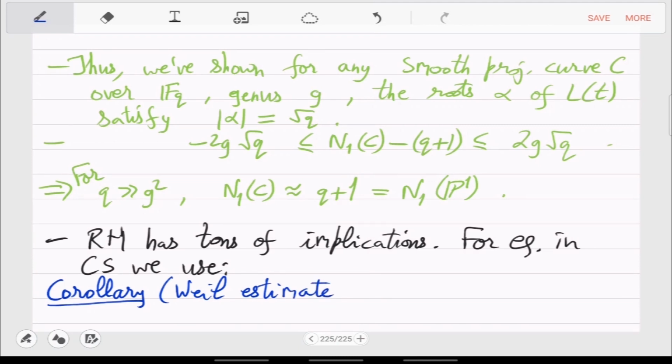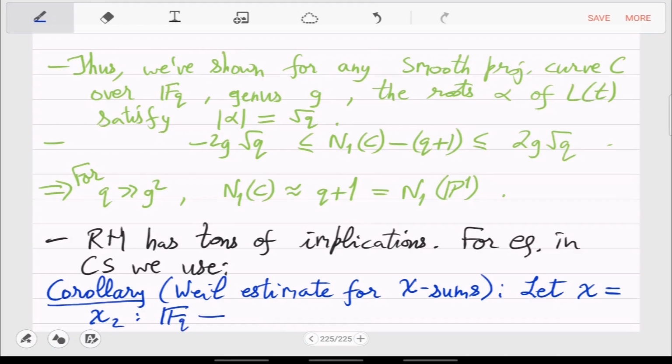So Weyl estimate for character sums. Let chi be the character which maps finite field elements to plus or minus 1.